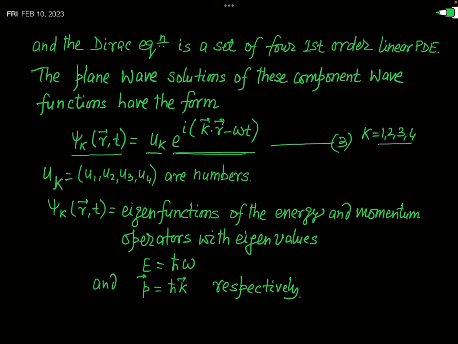So this equation 3 represents actually the 4 equations, okay. And the 4 equations will be psi 1 of r t equal to u1 times e to the power I k dot r minus omega t. Similarly, you can define psi 2, psi 3, psi 4, okay. And correspondingly, u k will be u1, u2, u3, u4. And remember, these u's are all numbers, okay.